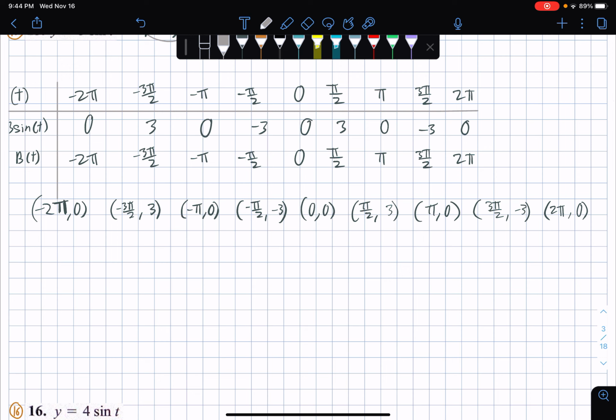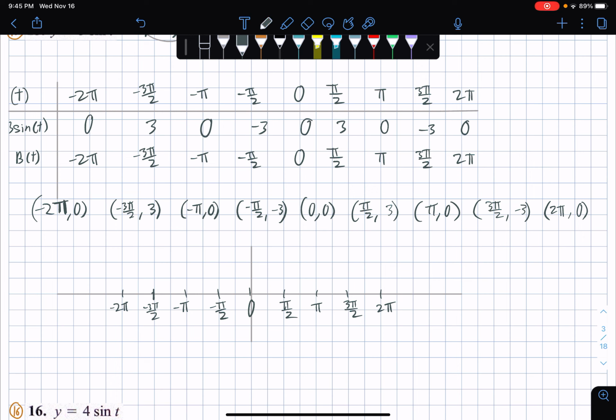Now let's graph. So the point of origin is expected to be in the middle. This is pi over 2, pi, 3 pi over 2, 2 pi. At the left side, negative pi over 2, negative pi, negative 3 pi over 2, negative 2 pi.